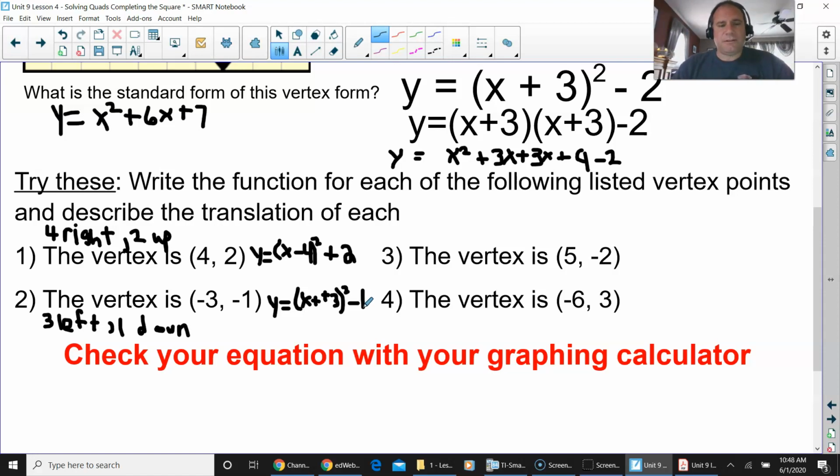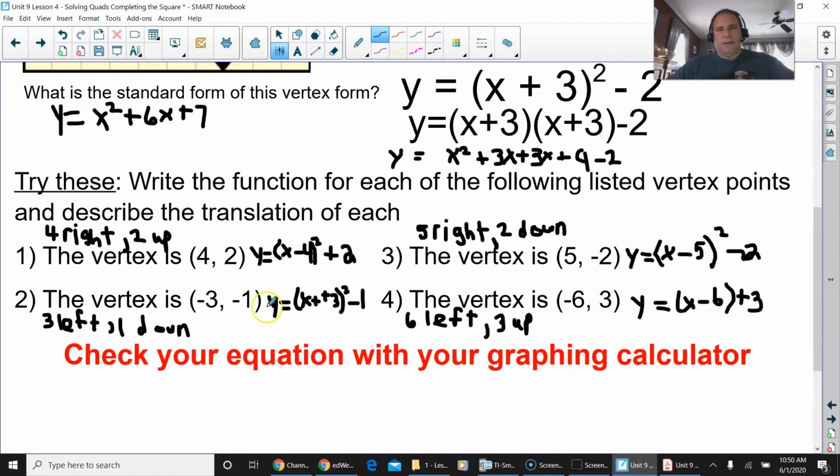You can press pause now. And there's number 3 with 5 right and 2 down. We have y equals x minus 5 because it's going to the right, 5, squared, minus 2 because it is going down.